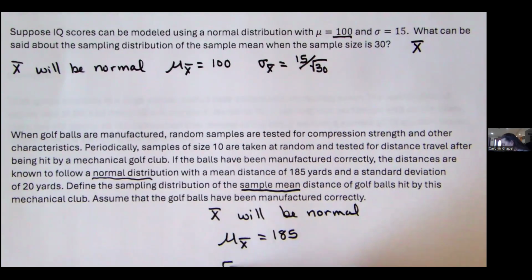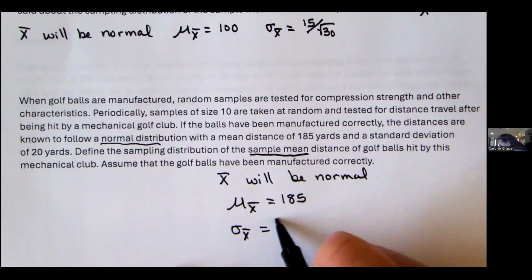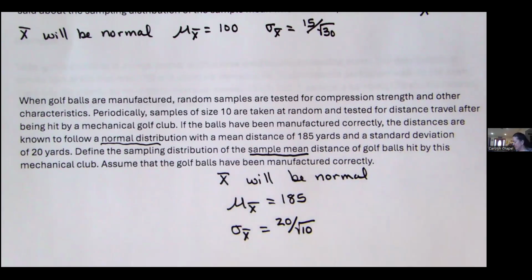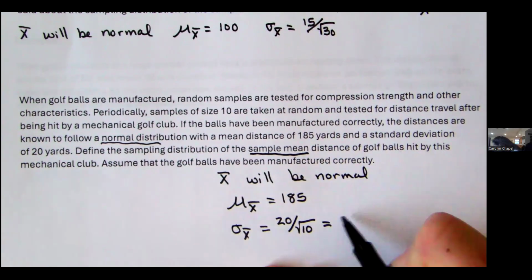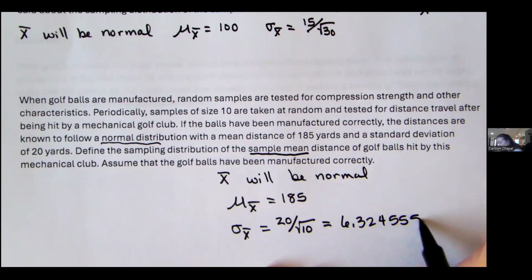But our standard error, or that standard deviation of the means, is a little bit smaller than the original data. So we get that slightly smaller piece. And if you want to see that it is in fact smaller, drag out your calculator and do the math. I get about 6.32455, and there's a few more digits.